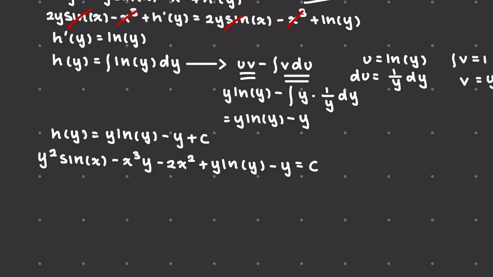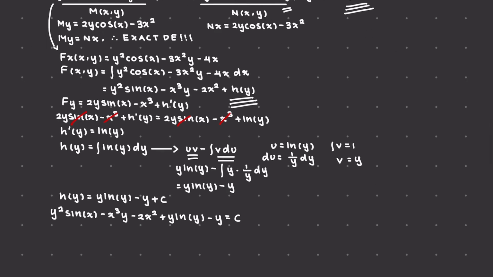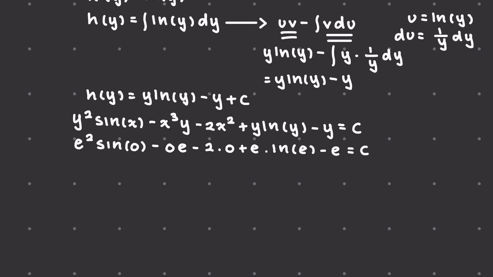Okay, so we know that the x's are 0 and the y's are e. So this will be e squared times sine of 0 minus 0 times e minus 2 times 0 times 0 plus e times ln e minus e equals c.